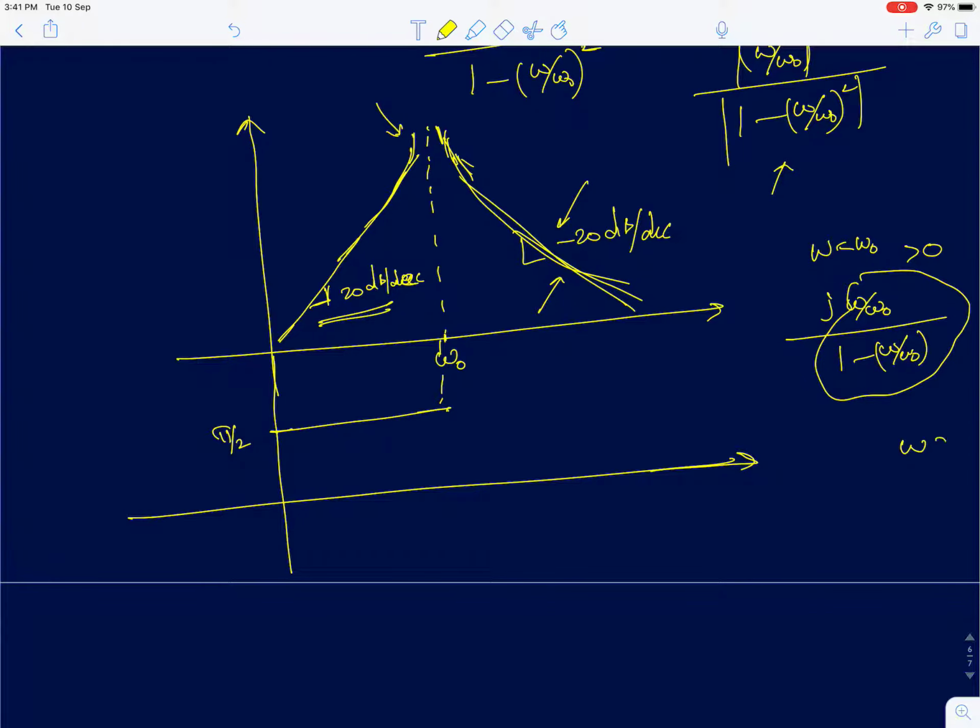And for any value of omega slightly greater than omega naught, you are going to get minus j omega by omega naught by, since omega by omega naught is greater than 1, I can write it this way. This term is now going to be greater than 0, and you will have a minus j here. So your phase shift will become minus pi by 2. So there will be a sudden transition of 180 degrees of phase shift.